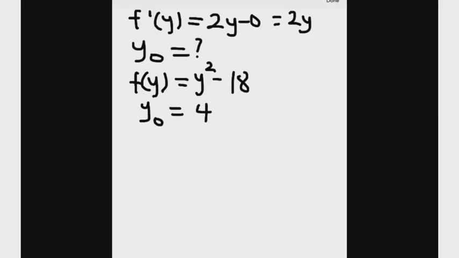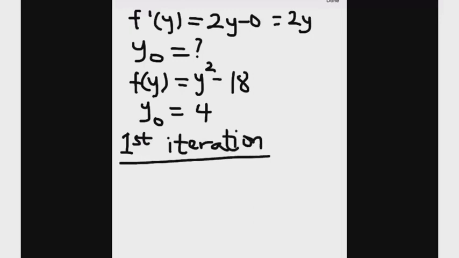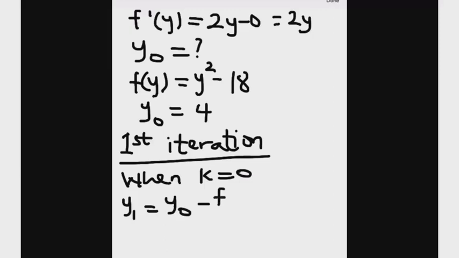Now let's start iterating. First iteration, when k equals 0. So y of k plus 1, k is 0, y1 equals yk, k is 0, minus f of yk over f prime of yk.